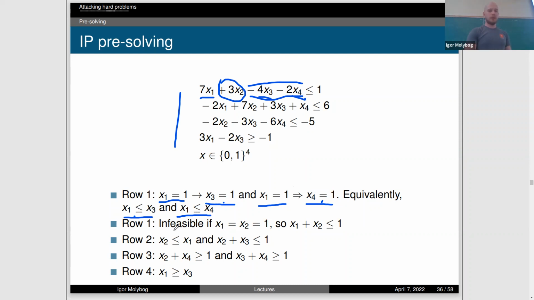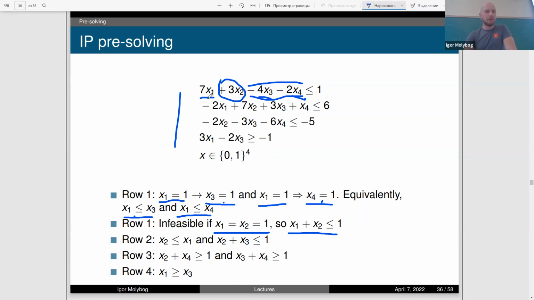No? Cool. Also, the first row isn't feasible if x1 and x2 are equal to 1 at the same time. Therefore, x1 plus x2 must be less than or equal than 1.